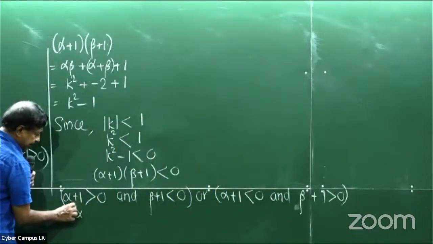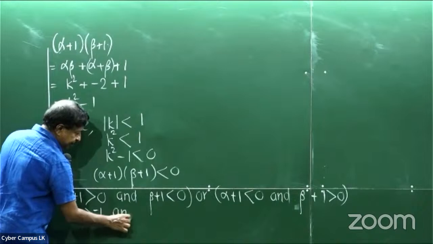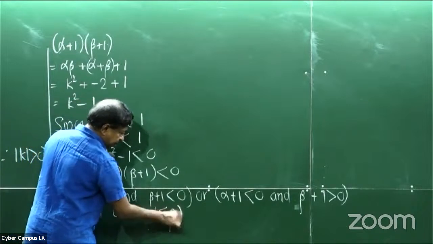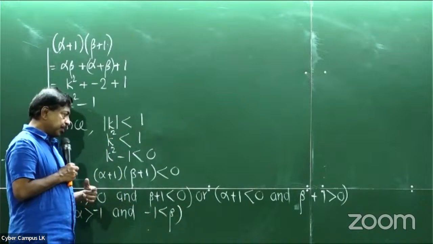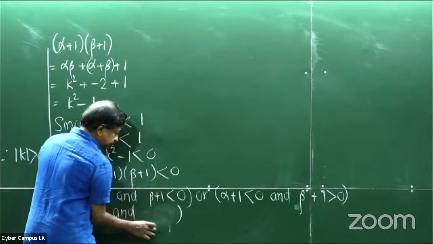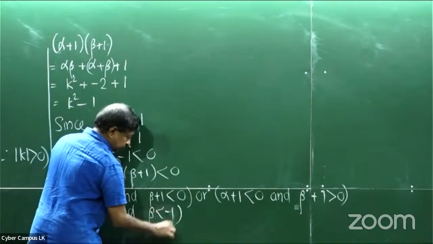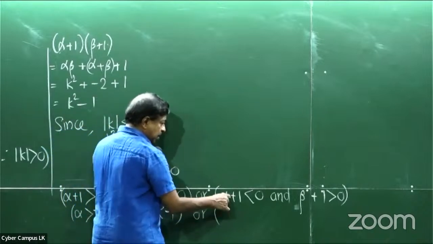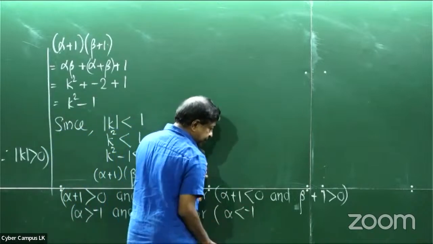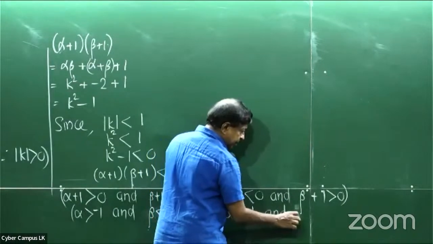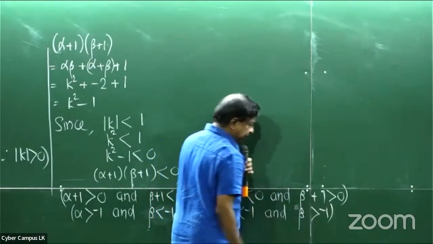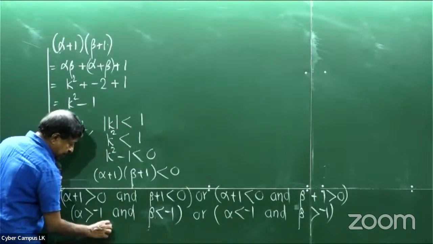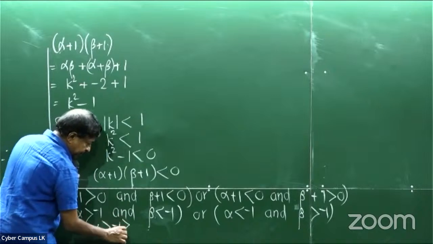This says alpha is greater than minus 1 and minus 1 is less than beta. It's wrong, other way around. Again, you can do the same thing. Alpha is less than minus 1 and beta is greater than minus 1. So from this, you get alpha is greater than minus 1, which is greater than beta.